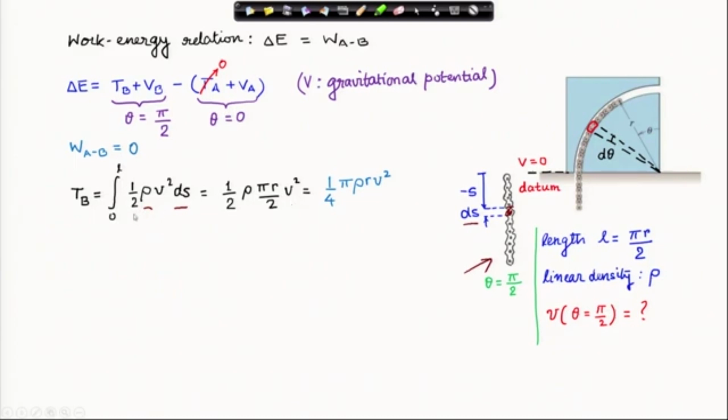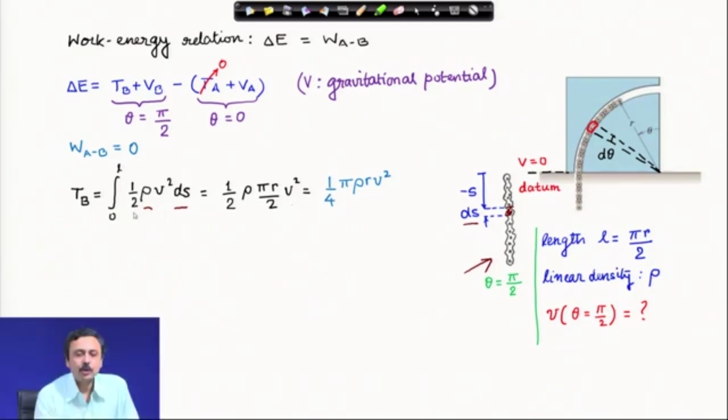Here this integrand has no dependence on s, therefore, ds integrated from 0 to L is L, which is the length of the chain. Therefore, this is my kinetic energy at position B.